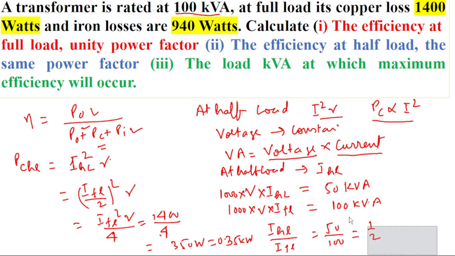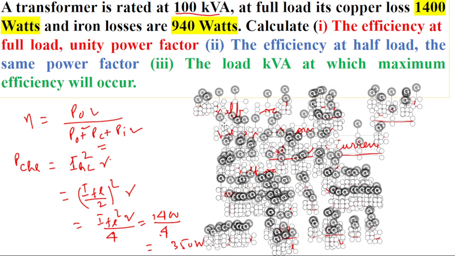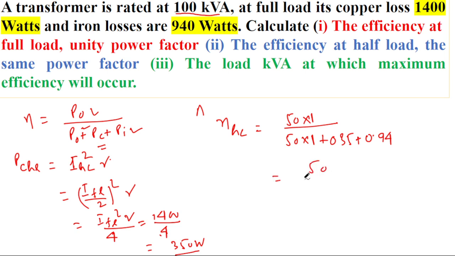So η at half load will become PO, which is 50 multiplied by 1 because the power factor is 1, divided by 50 multiplied by 1 plus PC, which is coming as 350 watt or 0.35 kilowatt, plus iron loss, which will remain the same 0.94, so it will become 50 divided by 50 plus 1.29, or 50 divided by 51.29.